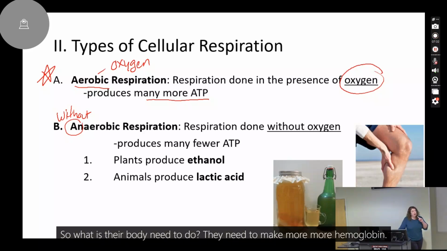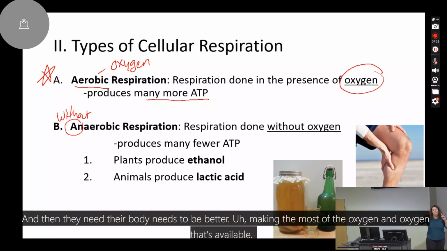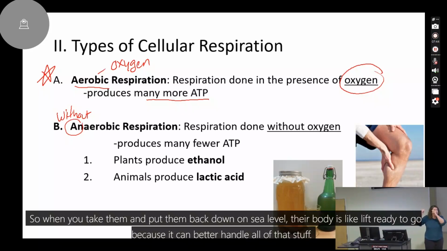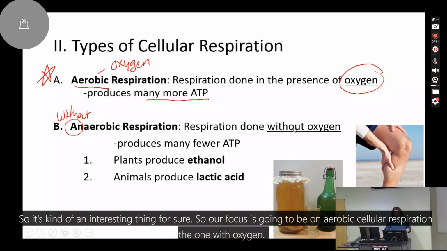So what does their body need to do? They need to make more hemoglobin, and their body needs to be better at making the most of the oxygen that's available. So when you put them back down at sea level, their body is amped and ready to go because it can better handle all that. So it's kind of an interesting thing for sure.